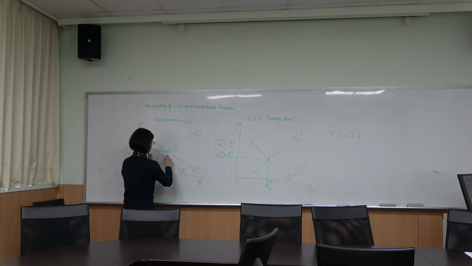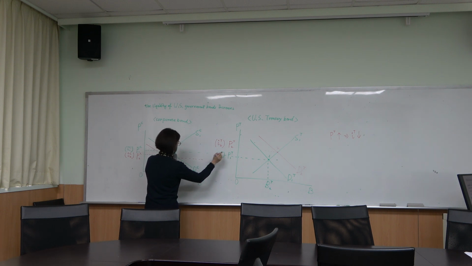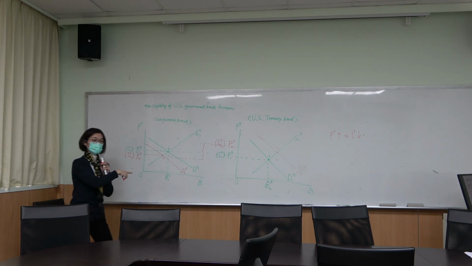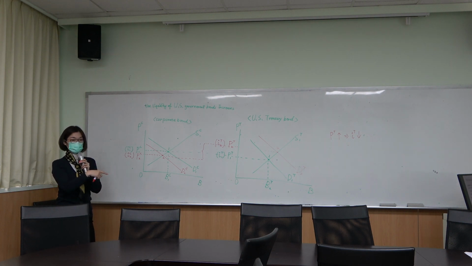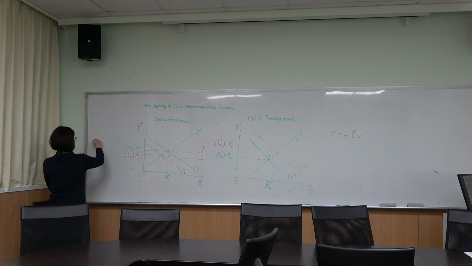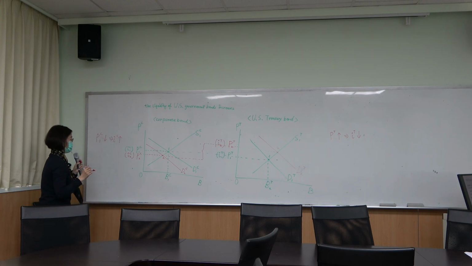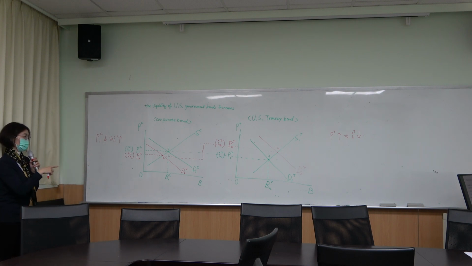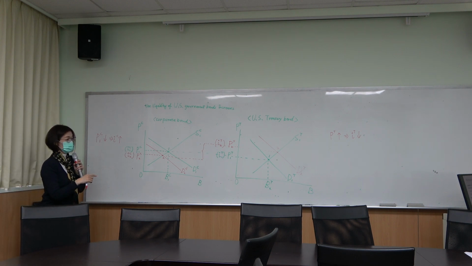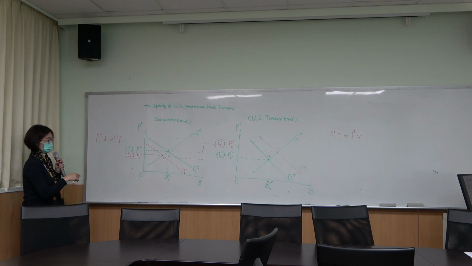So we have detected a difference between the bond prices and also the interest rates. In this case, the corporate bond market's interest rate goes up, whereas the US Treasury bond market's interest rate goes down.